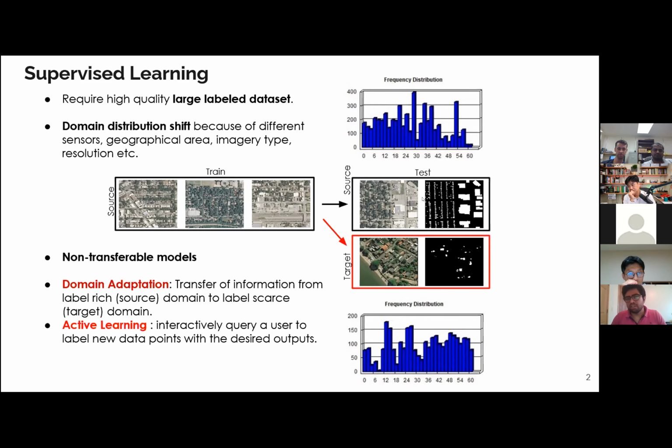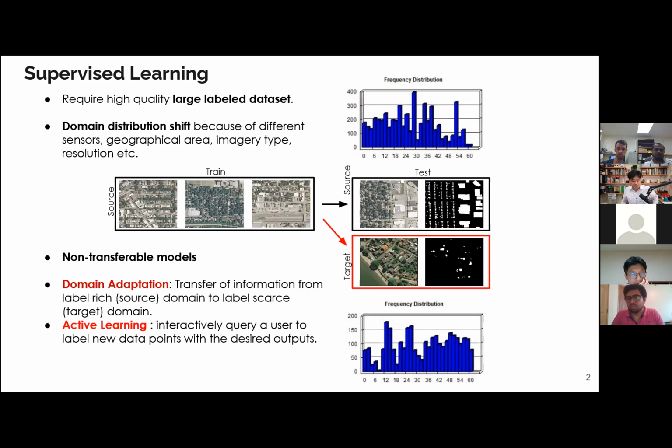If we train a model and test it, we get good results. But if we use the same model for a different city, we get really, really bad results. The application is the same, the building extraction model is good on one data set, but it's performing really badly. So it's a problem of a non-transferable model as well.